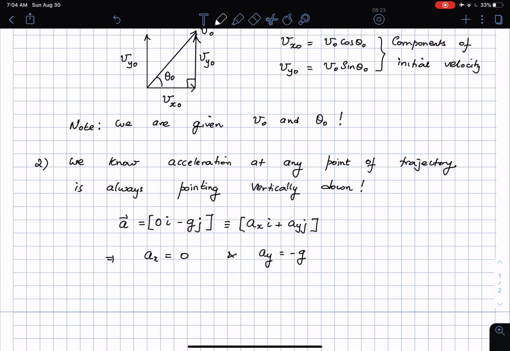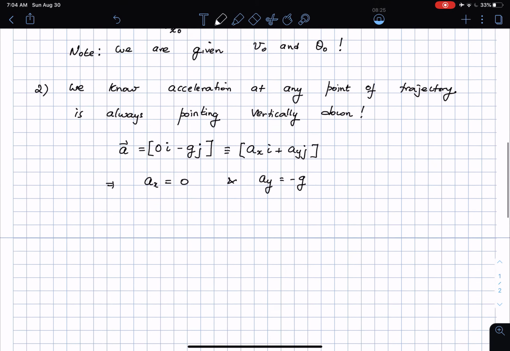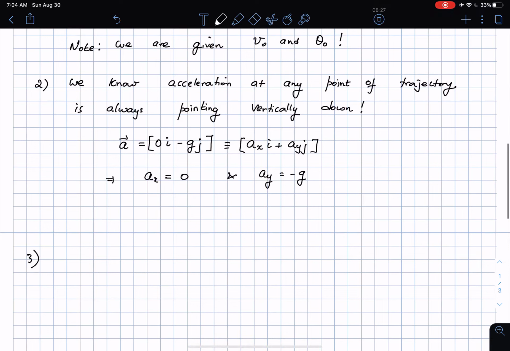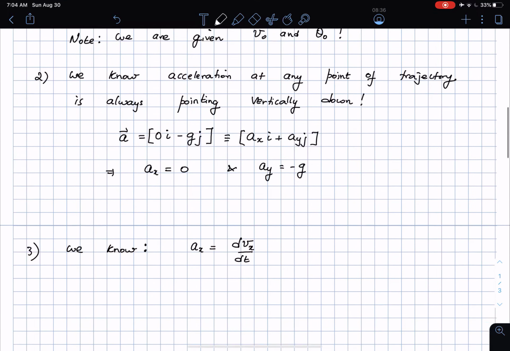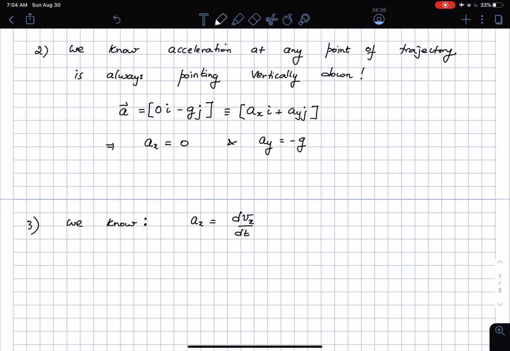But from the Cartesian coordinate frame we know the following: ax is equal to dvx by dt. This is from Cartesian kinematics.